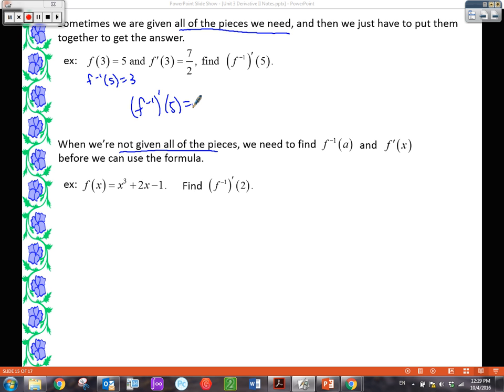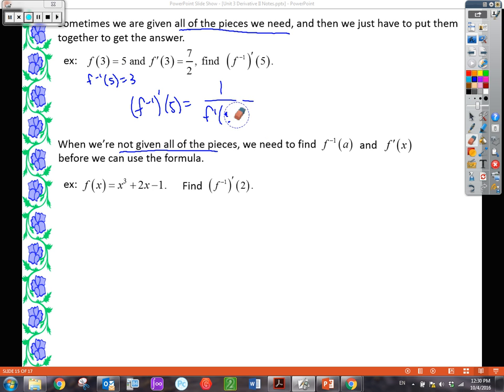And the formula from the other page would be 1 over f prime of f negative 1 of 5. Okay, so that is my formula.